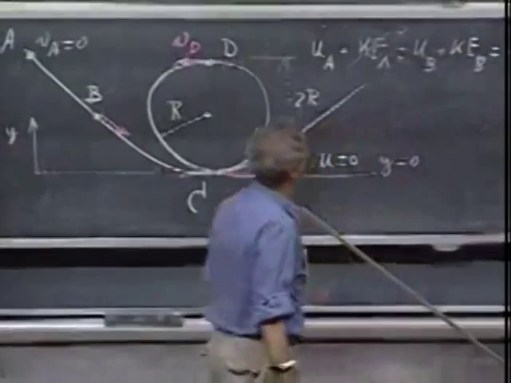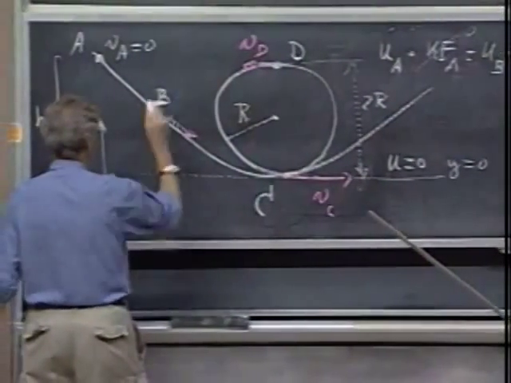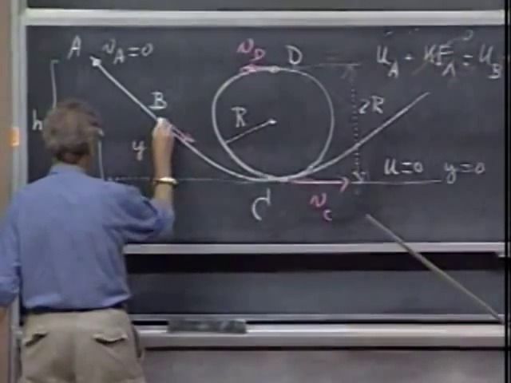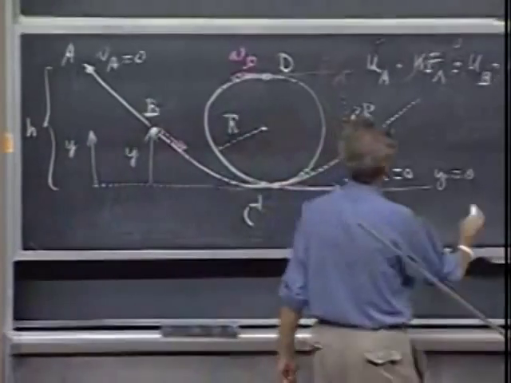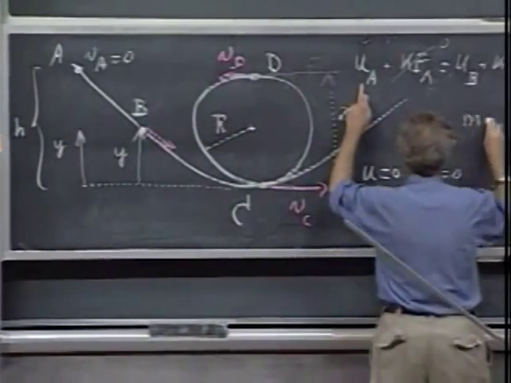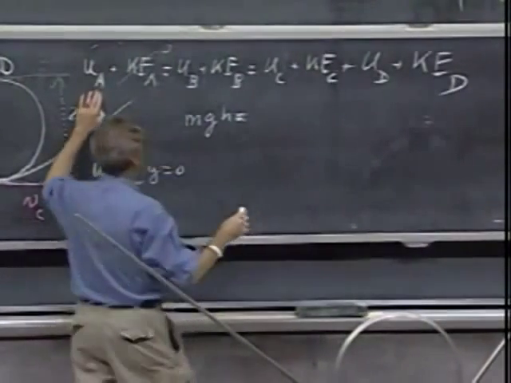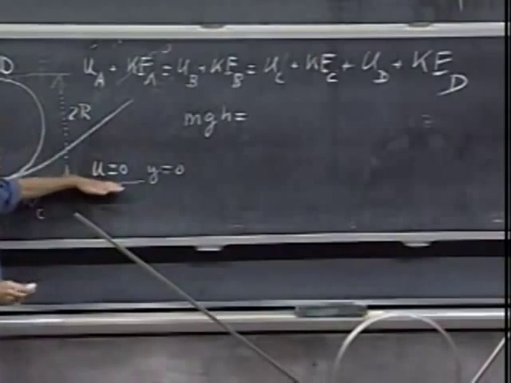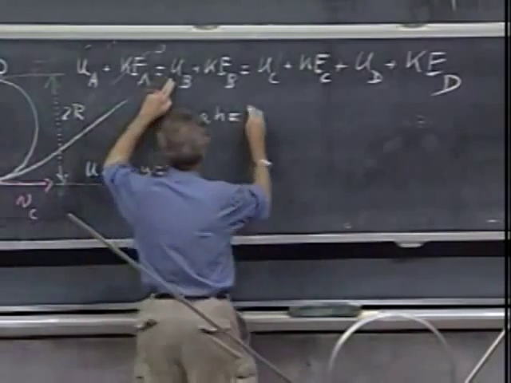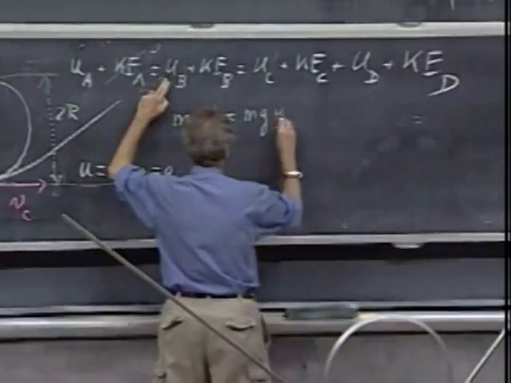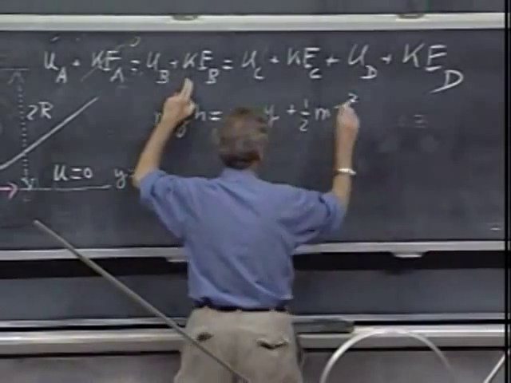And so now I can write this in general terms of y. Take this point B, think of that being at a location y above the 0 line. Then I can write down that U_A, which is mgh, that was a given when I started, that was all the energy I had, that was my total mechanical energy. If I call this U0, which is a free choice I have, it equals U of B, which is now mgy, plus 1/2 m v squared at that position y.